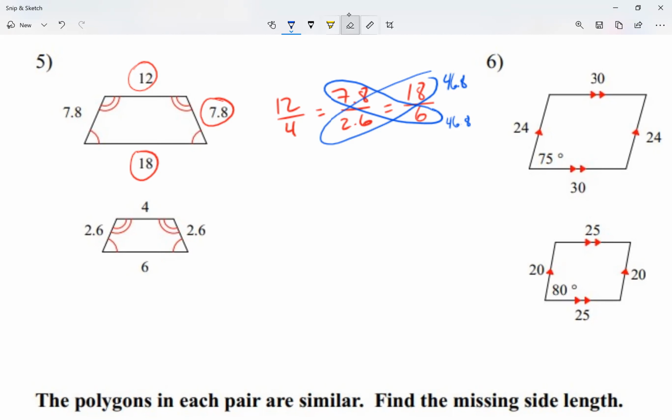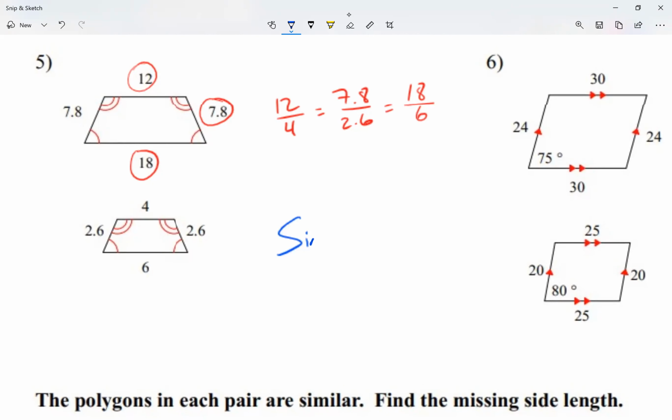So the sides are proportional. Notice how I checked. The angles on the top figure are marked the same way as the angles on the bottom figure. So guess what? These two figures are similar.